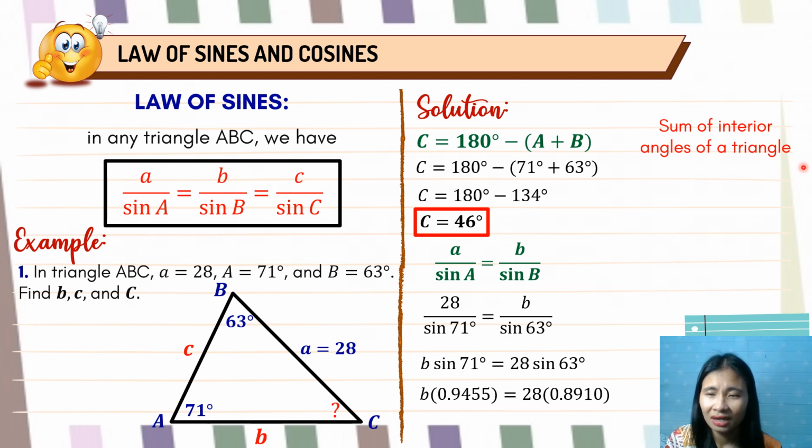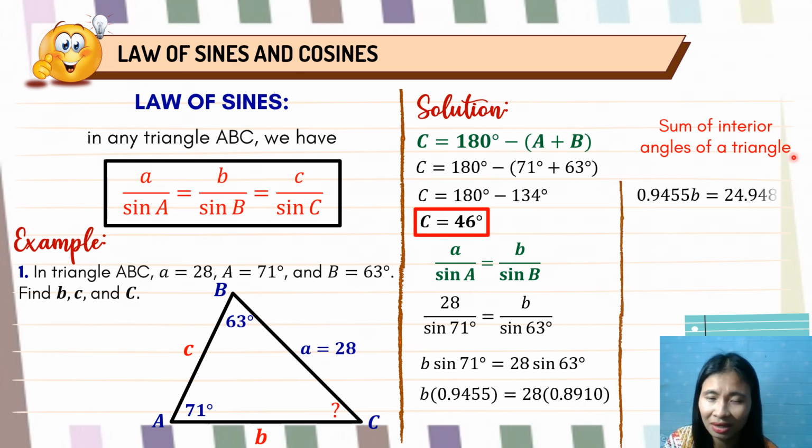Next, using your scientific calculator, sine 71 is equal to 0.9455, and sine 63 degrees is 0.8910. Then we have 0.9455b is equal to 28 times 0.8910, which is 24.9482.